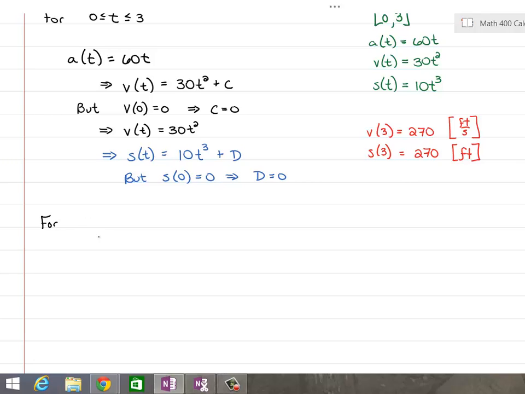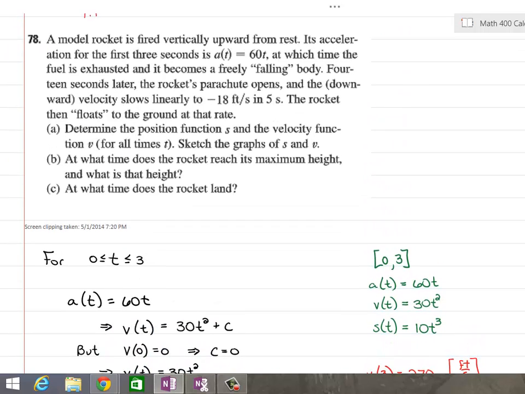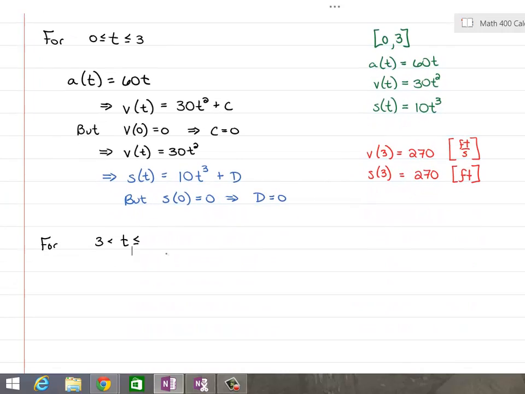Let me see how long this is going to, 14 seconds later. Okay, so that'll be the time 17. I'm going to make the assumption that the acceleration is going to be negative gravity, the acceleration due to gravity. And in terms of imperial units, that's negative 32 feet per second squared. Okay, so I'm just going to go with that.